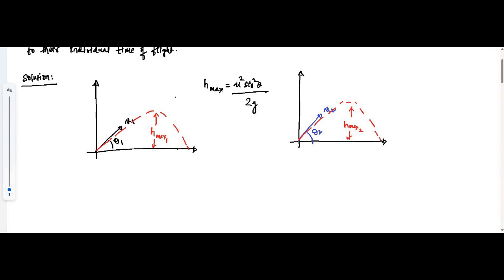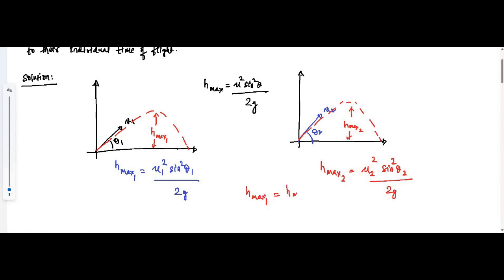So for the first projectile, h max 1 is equal to u1 square sine square theta 1 by 2g, and for the second projectile, h max 2 is equal to u2 square sine square theta 2 by 2g. According to the question, h max 1 is equal to h max 2. Maximum height for both of them is the same.